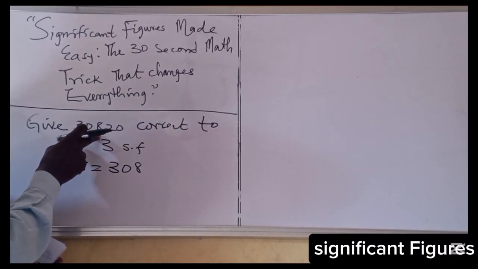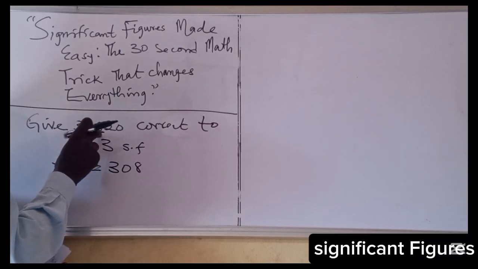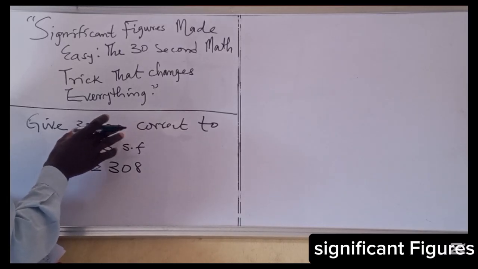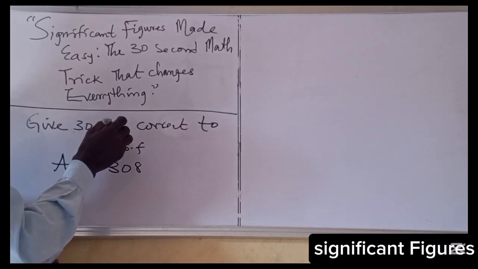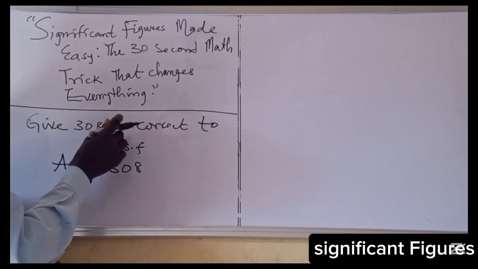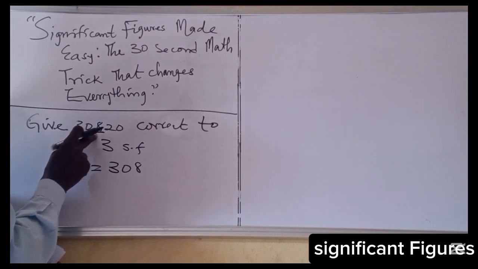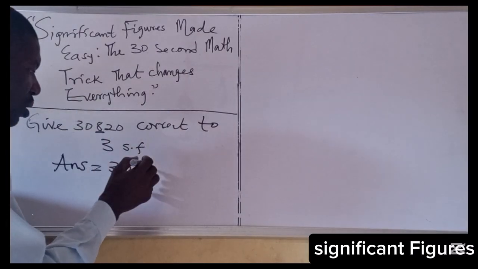Remember, I said earlier that the position is very important to actually retain the value. You understand? This is units, this is 10, 100. So because of the position here, you have to put 100.